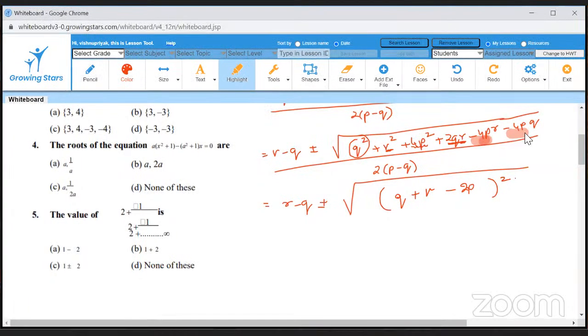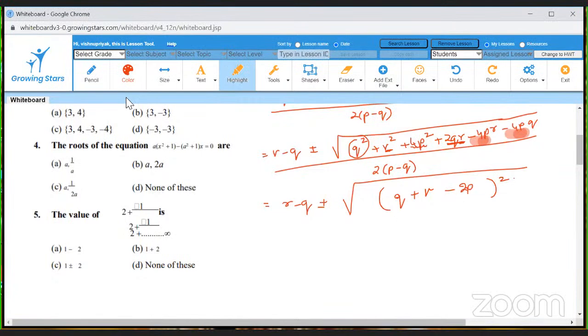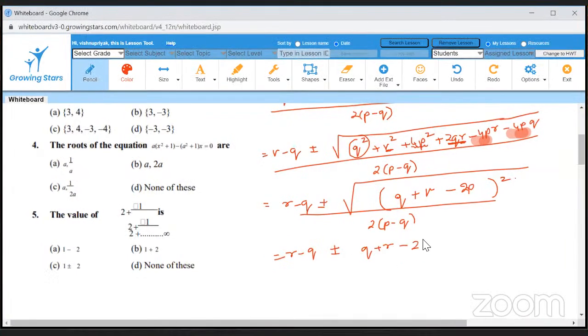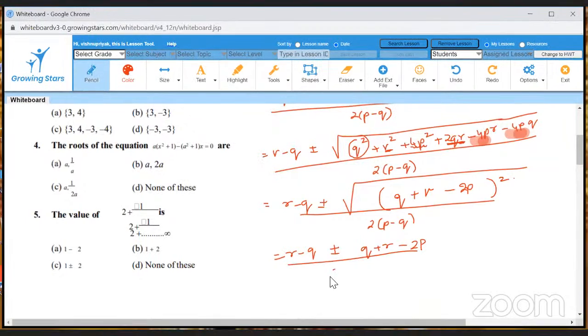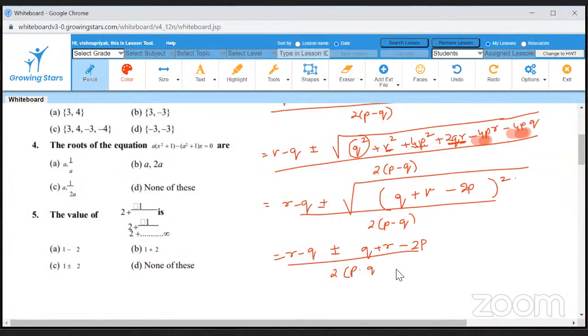Wherever P is there, the term is negative. So for P, I have taken it like this. By 2 into P minus Q. So this will be R minus Q plus or minus Q plus R minus 2P by 2 into P minus Q.